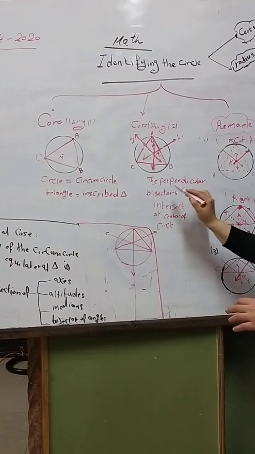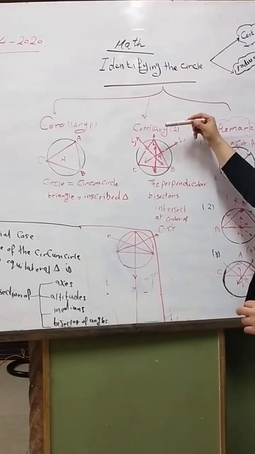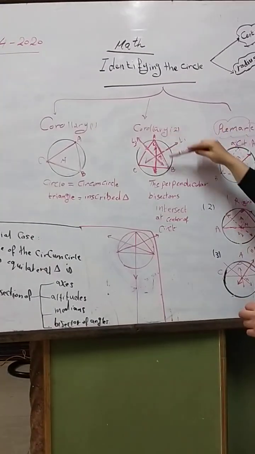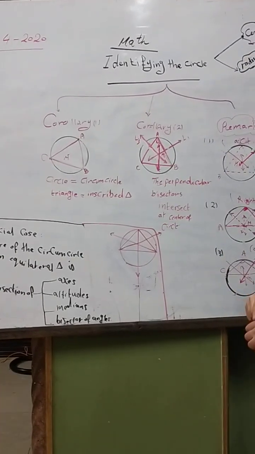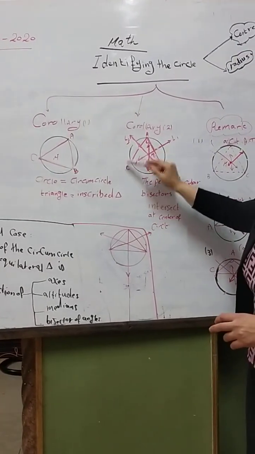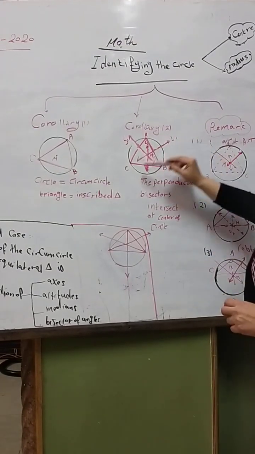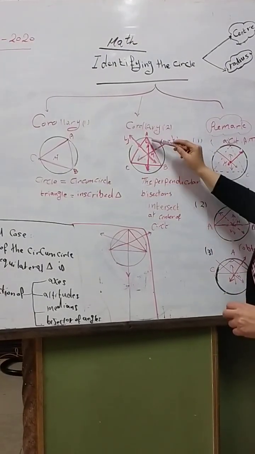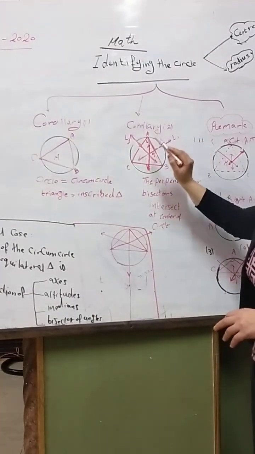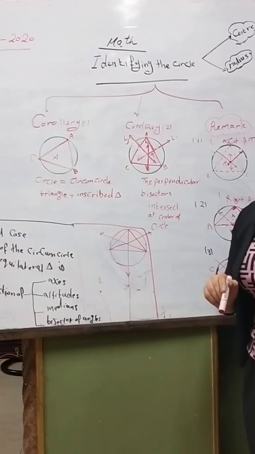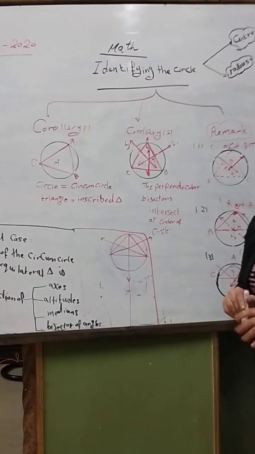So AB has L1 as the axis of symmetry or perpendicular bisector, AC has L3 as a perpendicular bisector, and BC has L2 as a perpendicular bisector. L1, L2 and L3 intersect at one point, and this point is the center of the circle.